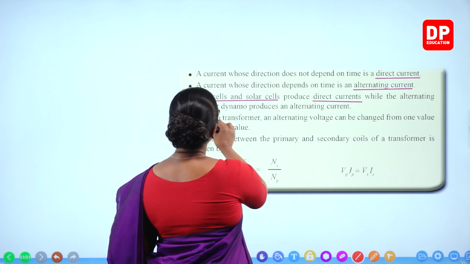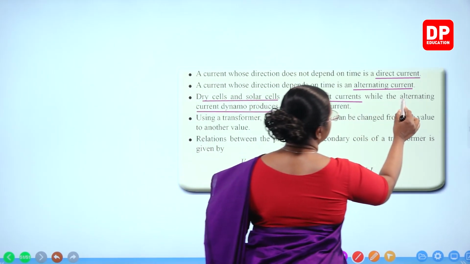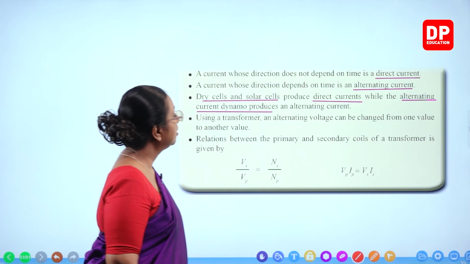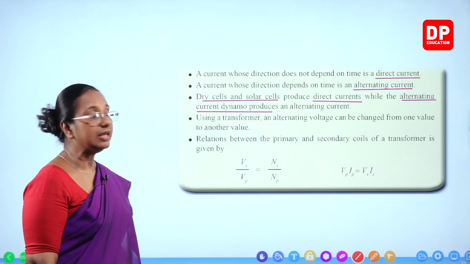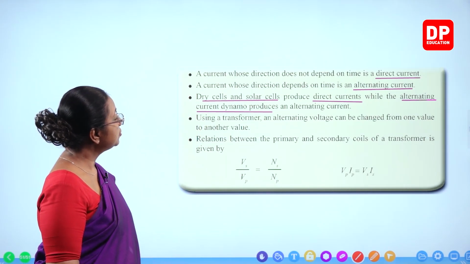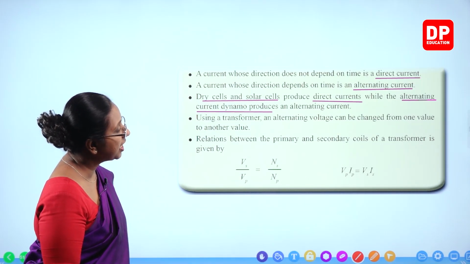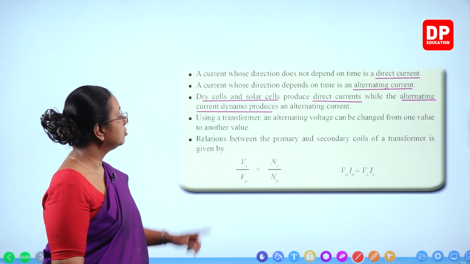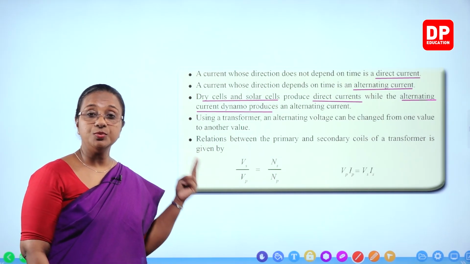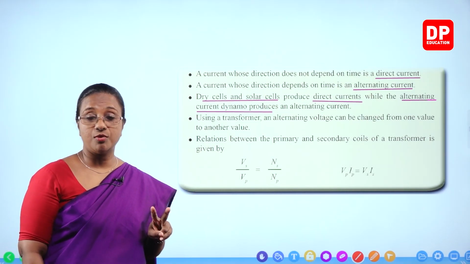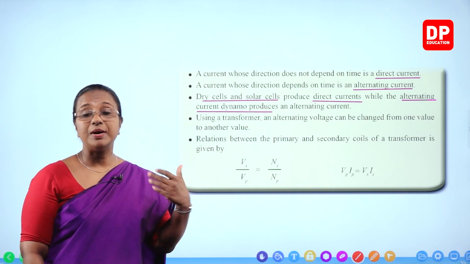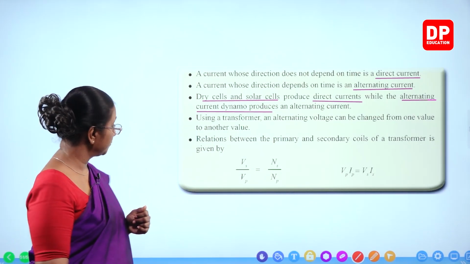While the alternating current dynamo produces an alternating current. Using a transformer, an alternating voltage can be changed from one value to another. So based on that, there are two transformers, the step-up transformer and the step-down transformer.